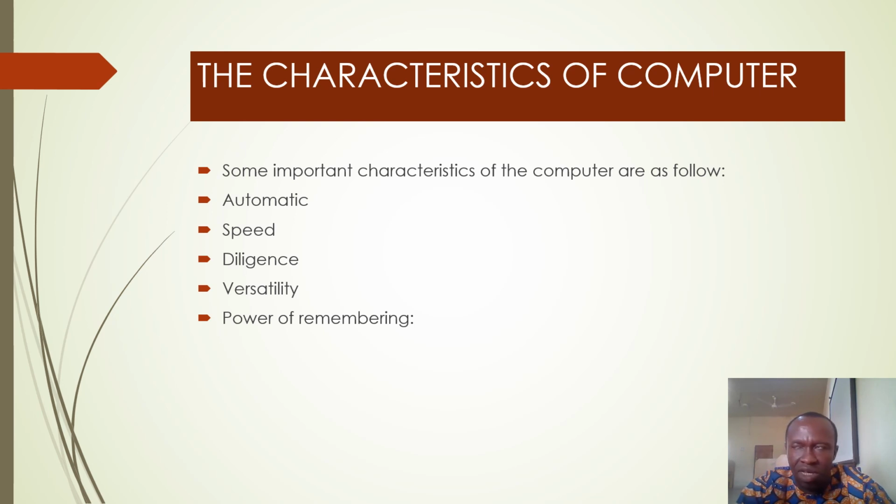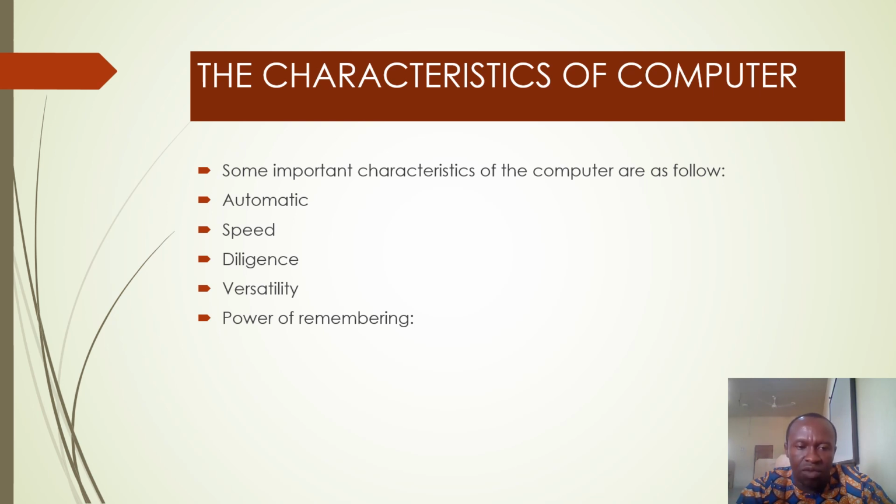Something like a complex problem in physics or mathematics, which can take human beings maybe 30 to 40 minutes to solve, the system can solve in 1 or 2 minutes, because the instruction has already been given to it. So it works based on the instruction and gives us the answer speedily.